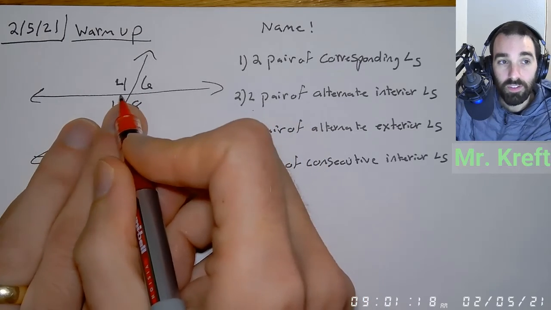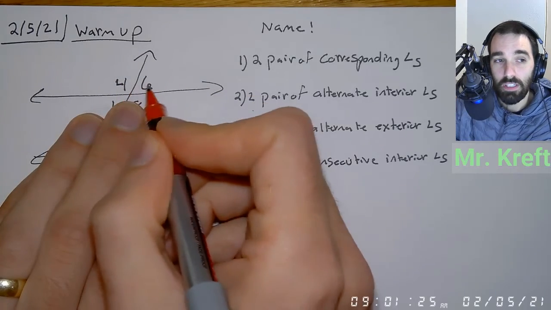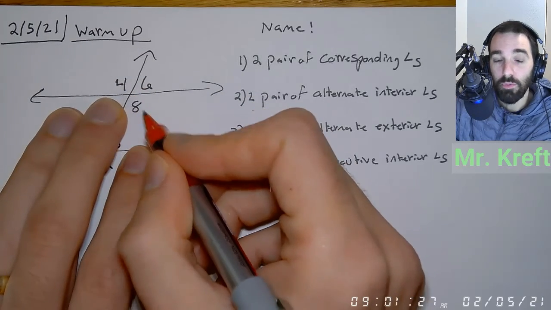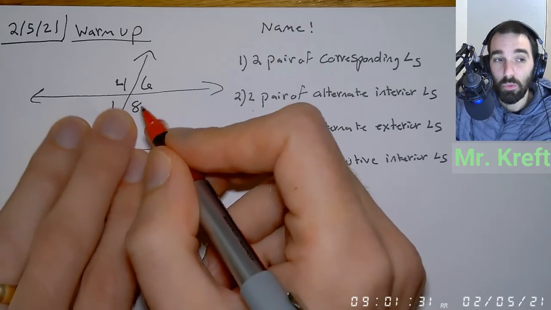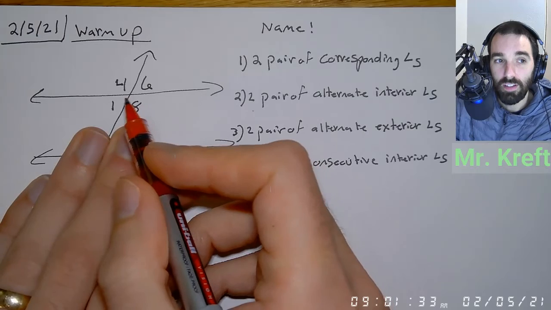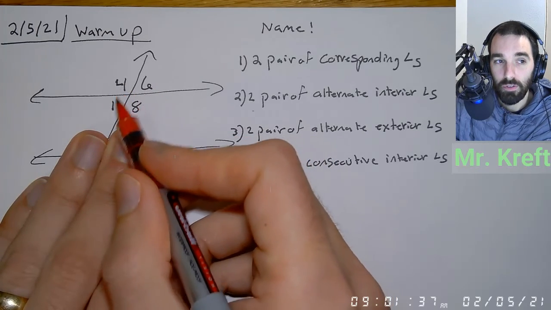For example, 4 and 6 would be a linear pair, and a linear pair would mean they add up to 180 degrees. Also, 4 and 8 would be a vertical angle pair, and that would mean they're equal. We've already spent time talking about vertical angles and linear pairs.